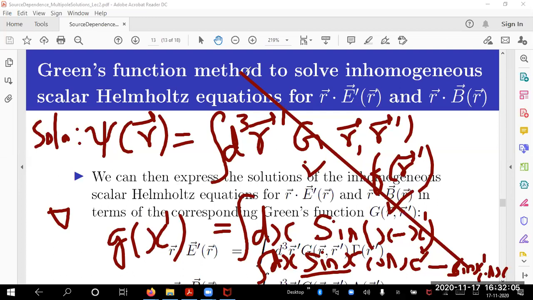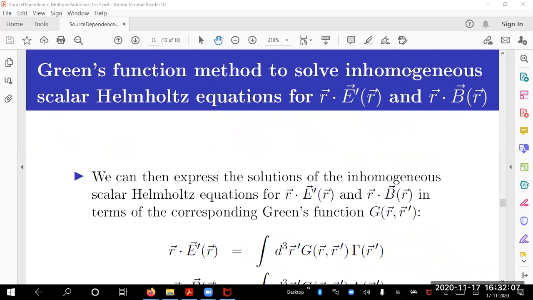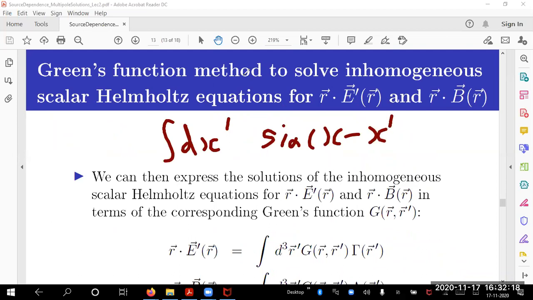All right, it may be cluttered for you. So what I am asking you is, suppose I give you dx prime, I will do this separately now. Just tell me the correct answer. Sine of x minus x prime, what does it give? Will you calculate it and tell me?